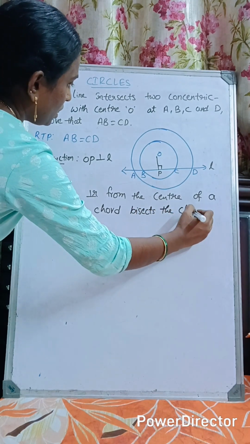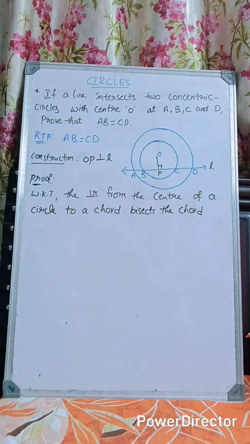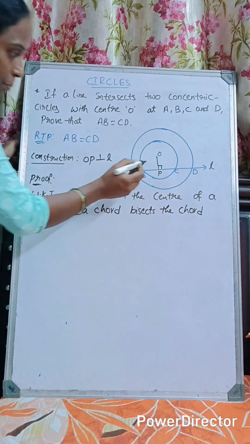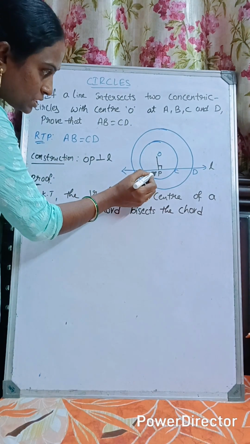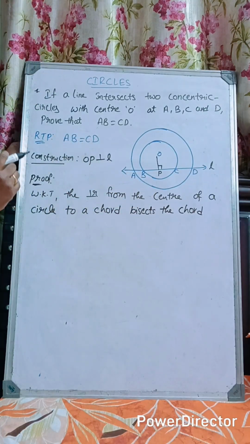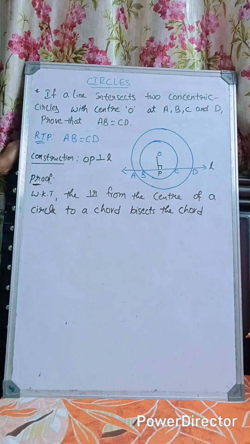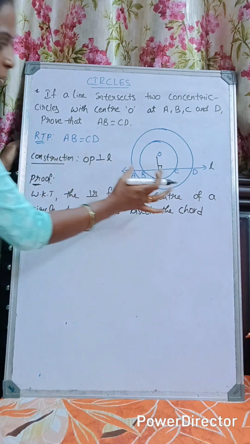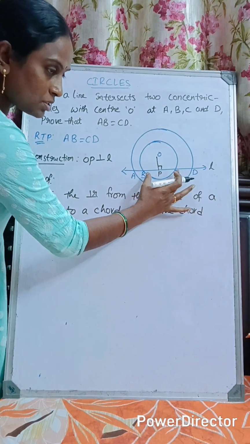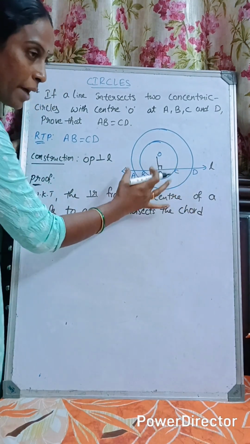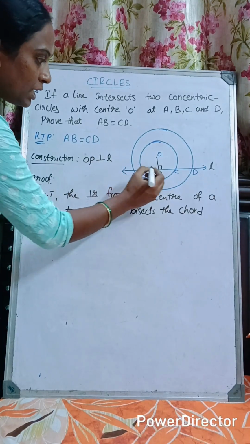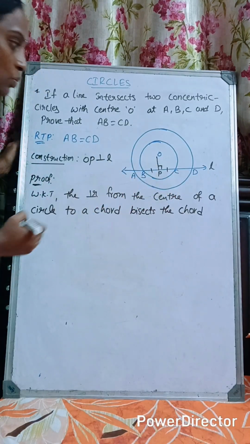So here what they are telling is that the perpendicular from the center of a circle bisects the chord. So can I consider BC is the chord for the smaller circle? Yes or no? So BC is the chord for the smaller circle, which means it bisects the chord, meaning the length of BP will be equal to what?